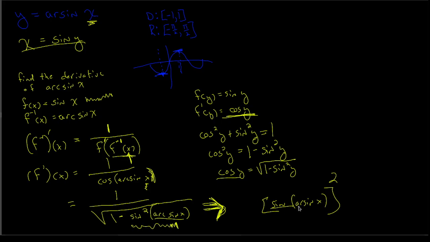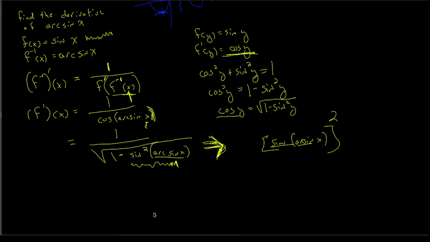But the sine of an arcsine undoes this, right? An inverse, so that leaves x all by its lonesome. And this becomes 1 minus x squared.